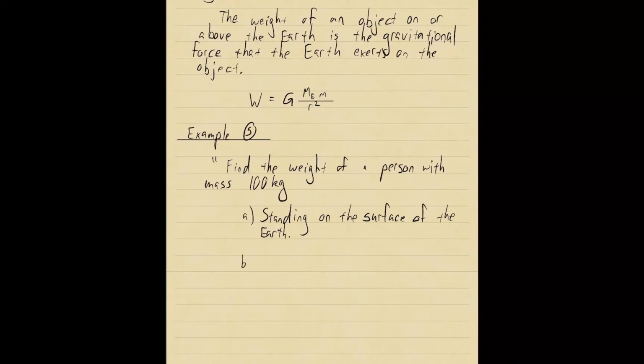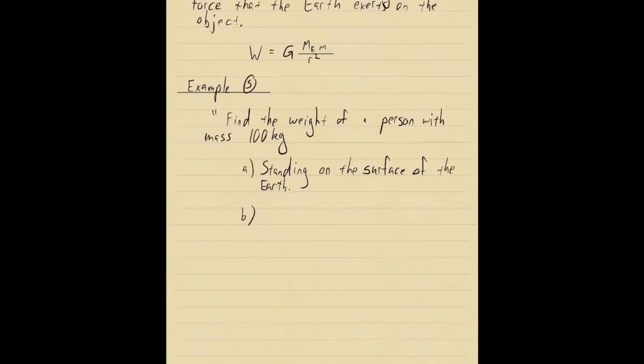In part B, 600 kilometers above the surface of the Earth. Not meters, kilometers.